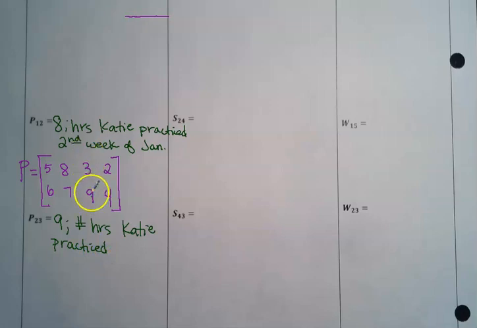In the third week. Good. The third week of what month? Excellent, of February. Perfect. So the number of hours that Katie practiced during the third week of February. Awesome.